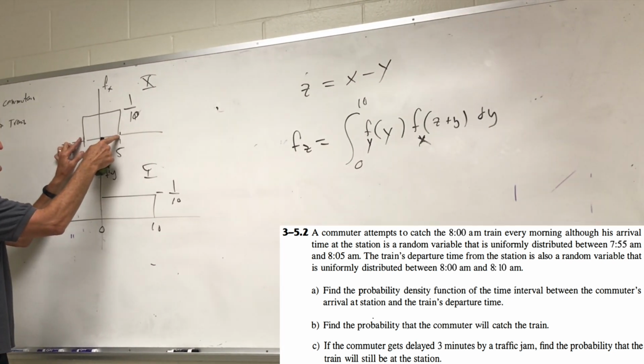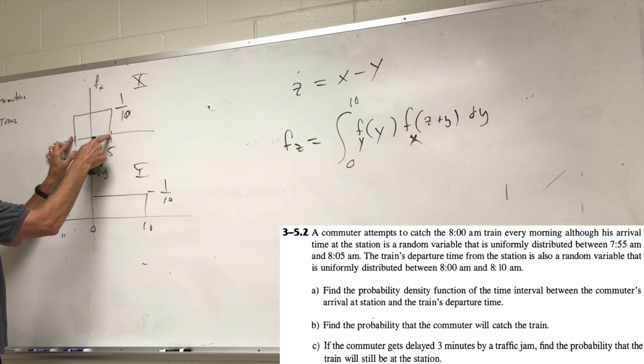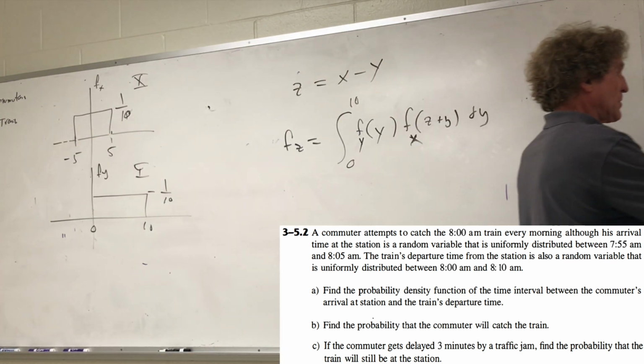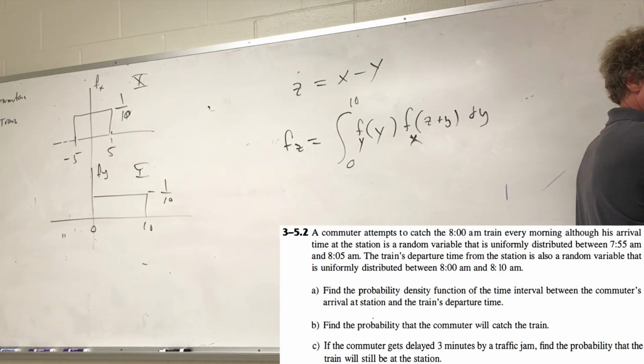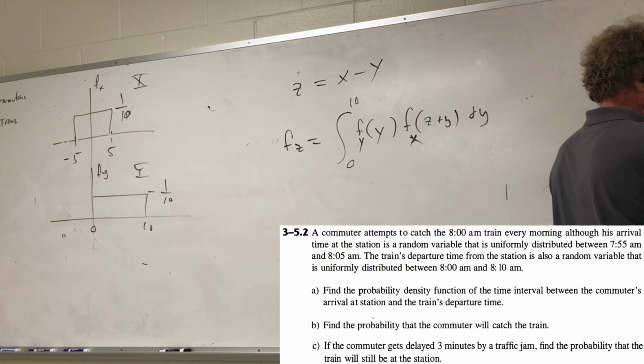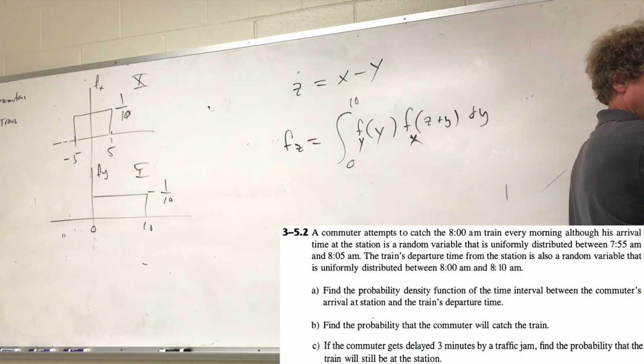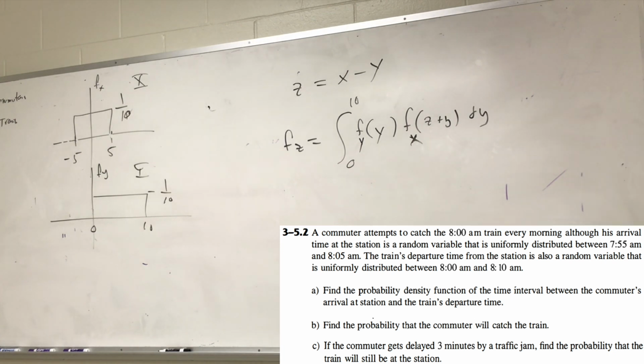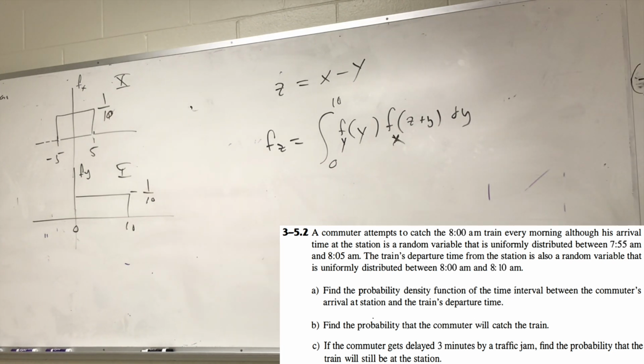Now, when you go ahead and put f of x of z plus y, if z was 0, it would be from minus 5 to 5. But when z is equal to minus 5, it just starts getting overlap area. Makes sense? And it's going to keep getting that overlap area, and it's going to get a peak right here to 5.